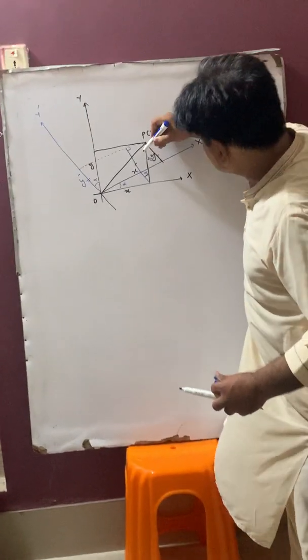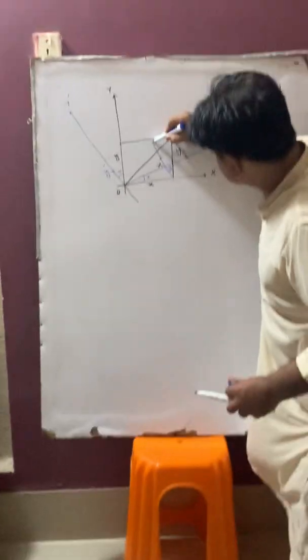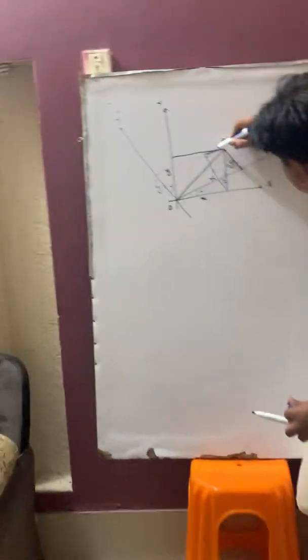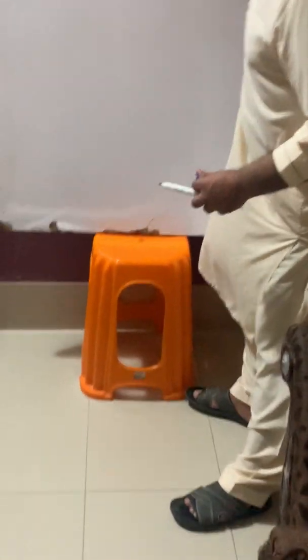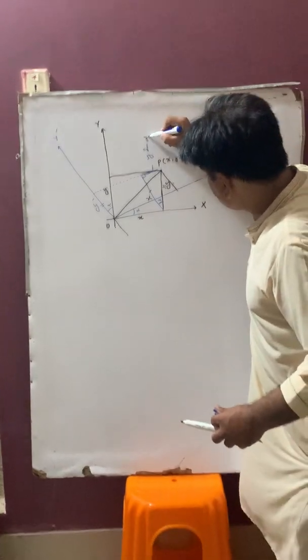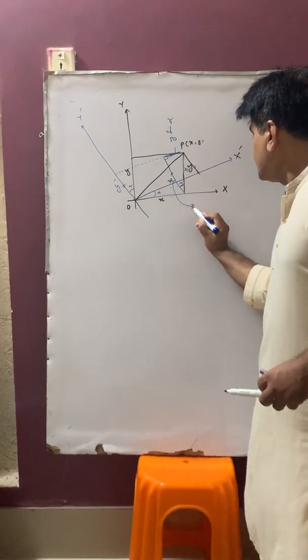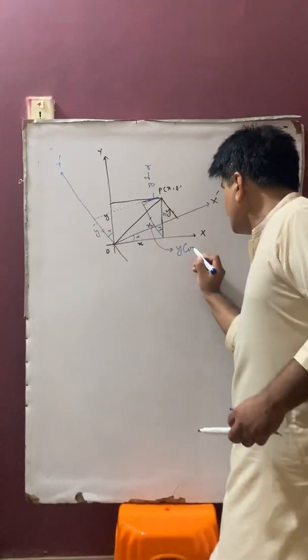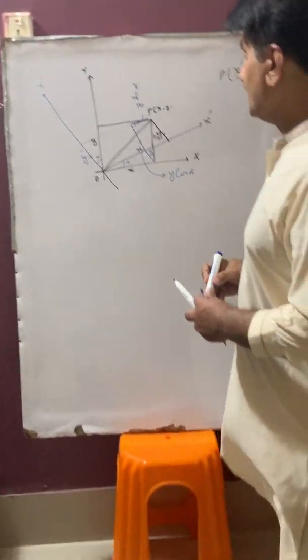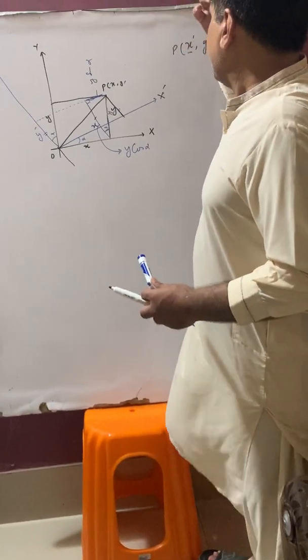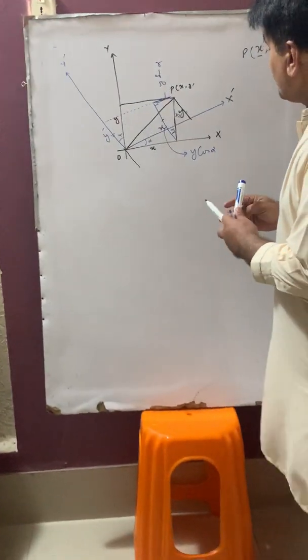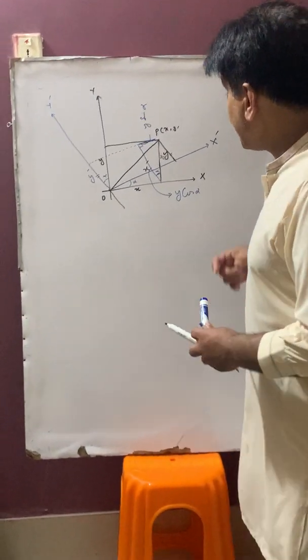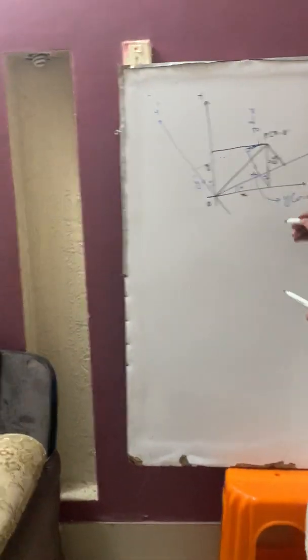Now it has 2 components. One is this one, y sine of alpha, and this one will be y cosine of alpha. Similarly, there would be 2 other components of x.